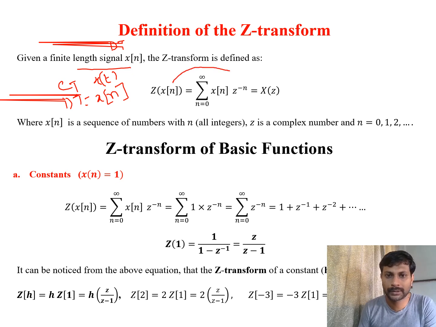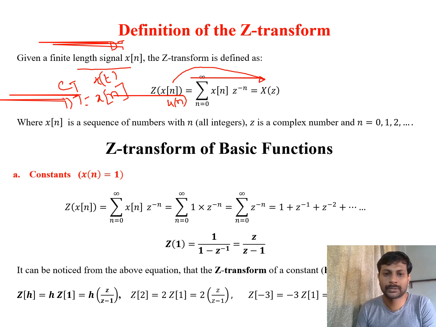The Z transform of x(n) is represented by X(z), given by the summation from n equal to 0 to infinity. This is for a right hand sequence. We have considered x(n) u(n), that is a right hand sequence: X(z) equals the summation from n equal to 0 to infinity of x(n) z to the power minus n, where x(n) is a sequence of numbers with n all integers, and z is a complex number.